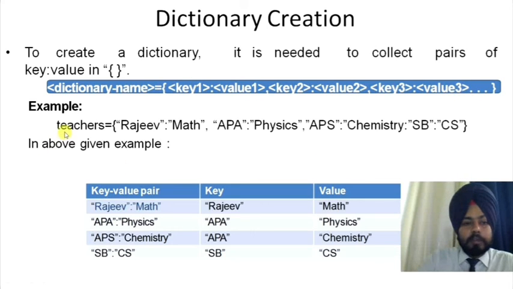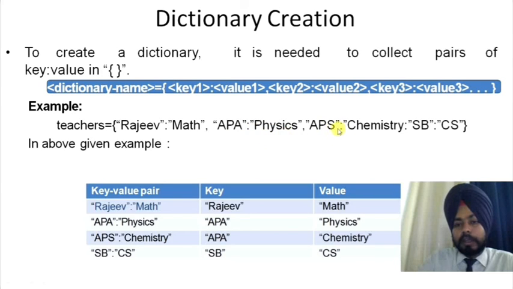For example, here is the variable teachers equals to, here we'll use these kind of brackets called curly brackets. Teachers equals to Rajiv, this name is a key and the value of Rajiv is maths. Here is APA, the value of APA is physics.